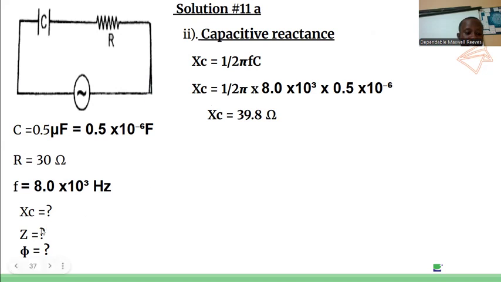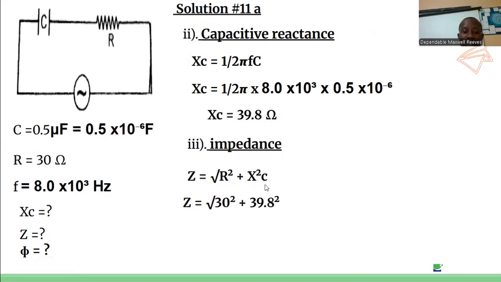Now, the next part of the question asks us to calculate the impedance. The impedance Z is equal to the root of the square of the resistance plus the square of the capacitive reactance. We have the resistance given as 30, and the capacitive reactance calculated to be 39.8.